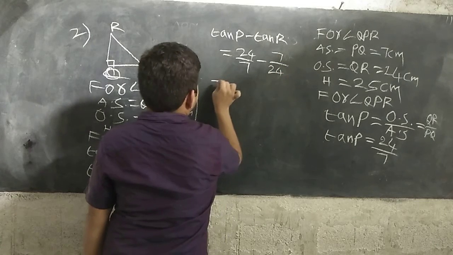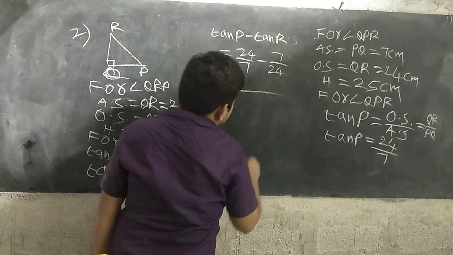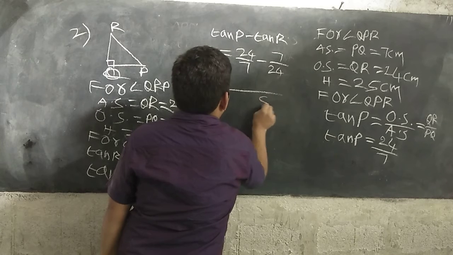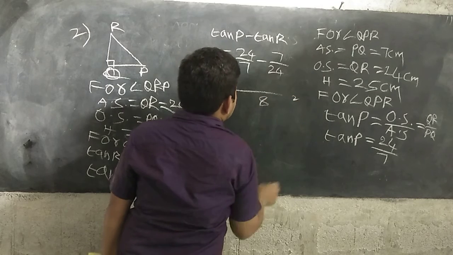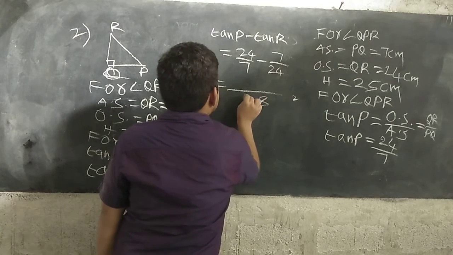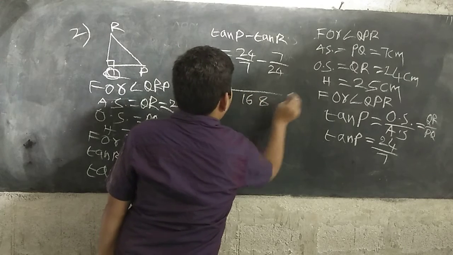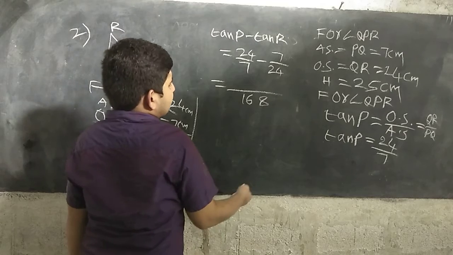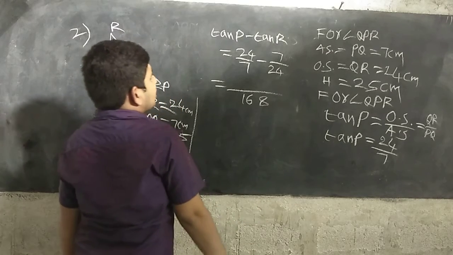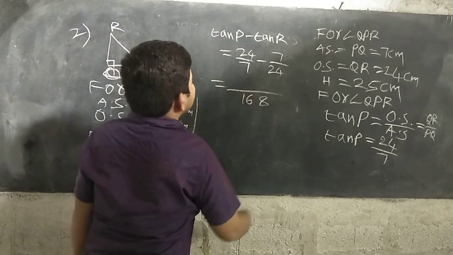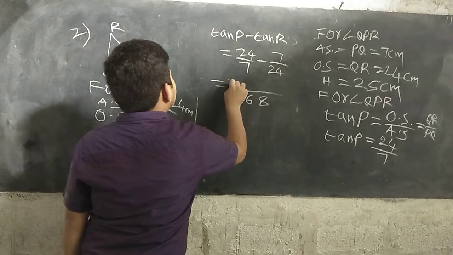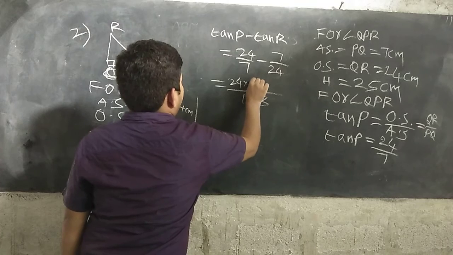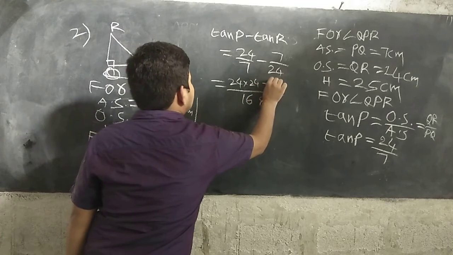So take LCM. LCM of 24 and 7: 7 4 28, 7 2 14, 14 with 2 16. So directly we took LCM now. So from 24 into 24 minus 7 into 7.